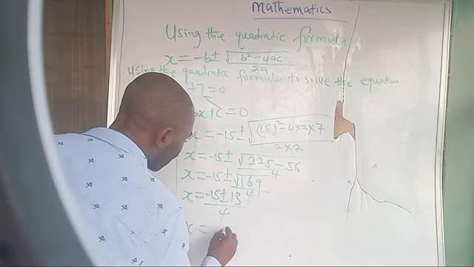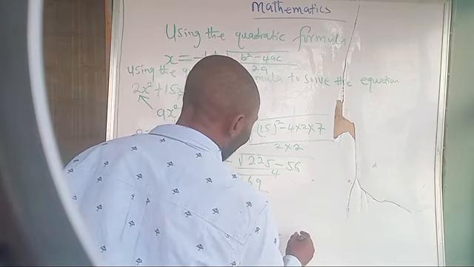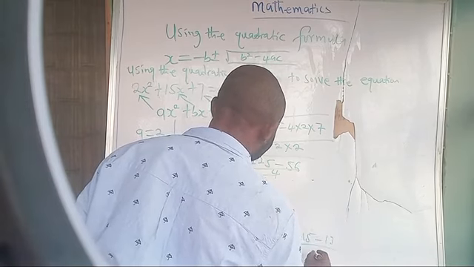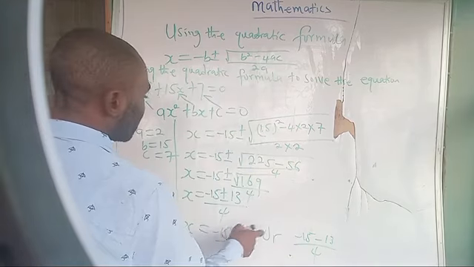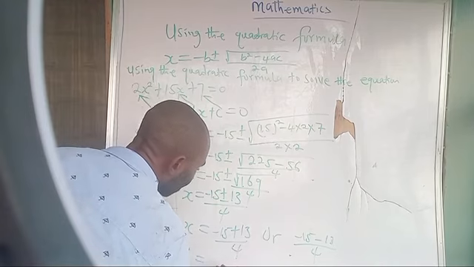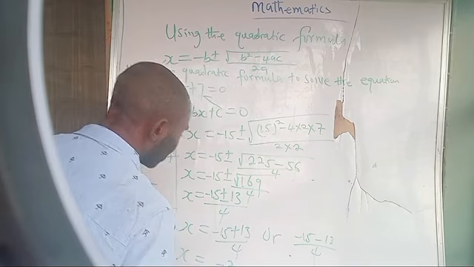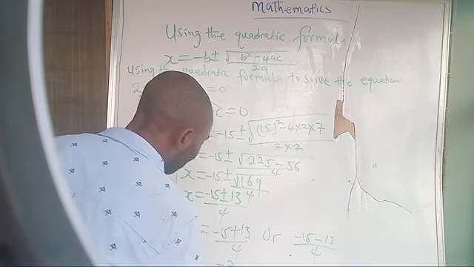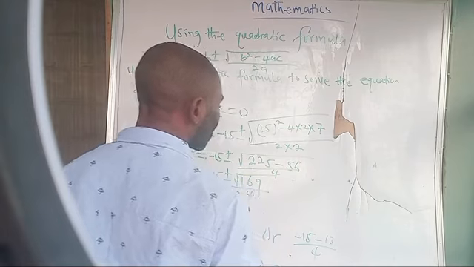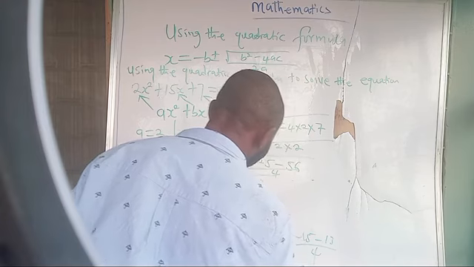Minus 15 plus 13 all over 4, or minus 15 minus 13 all over 4. Minus 15 plus 13 gives us minus 2, so minus 2 all over 4, or minus 15 minus 13 gives us minus 28 all over 4.